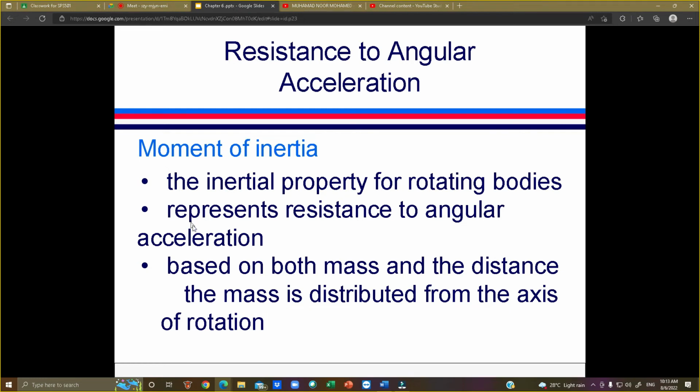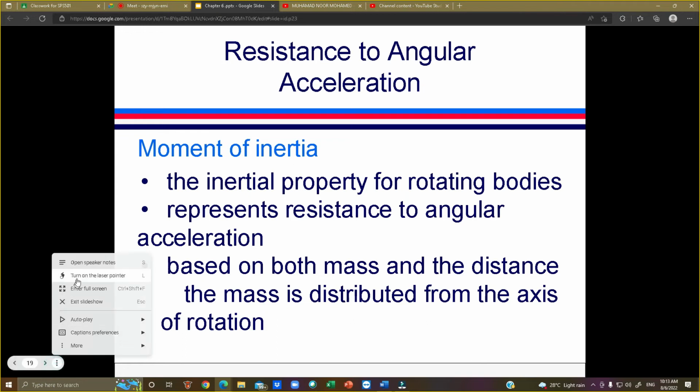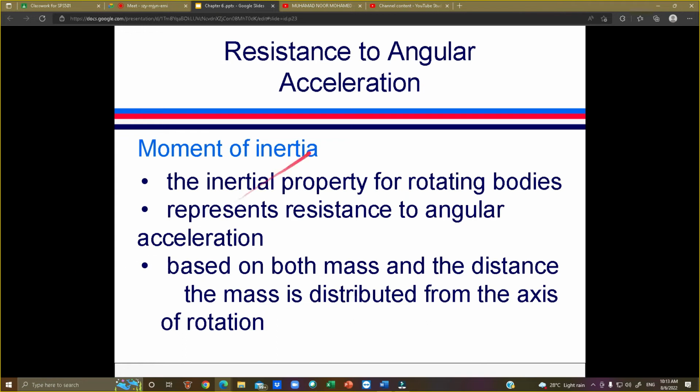When we talk about moment of inertia ni, benda yang kamu kata resistance to angular acceleration tadi, this moment of inertia representing weight, representing mass of an object, and this mass is the mass of that object during a rotational movement. Okay.